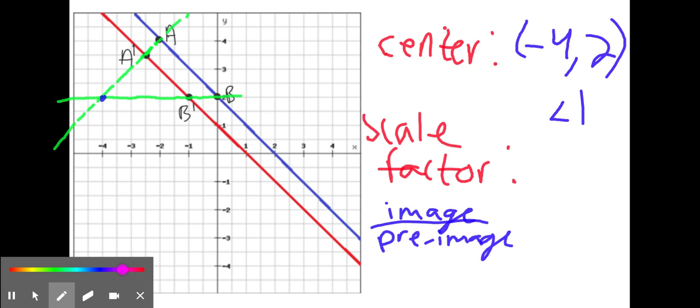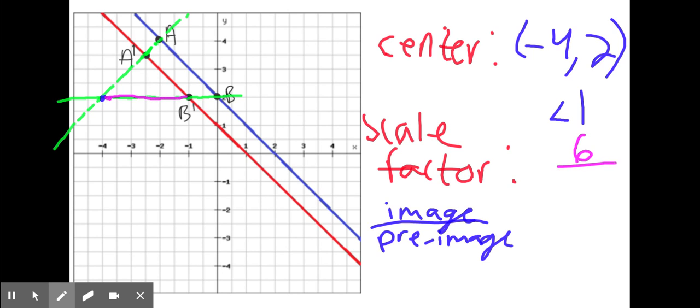I want to know the distance to the image from this center is 6, and the distance to the pre-image is 8. So my scale factor is going to be 6 over 8, or in other words, I can simplify that to 3/4. Right?